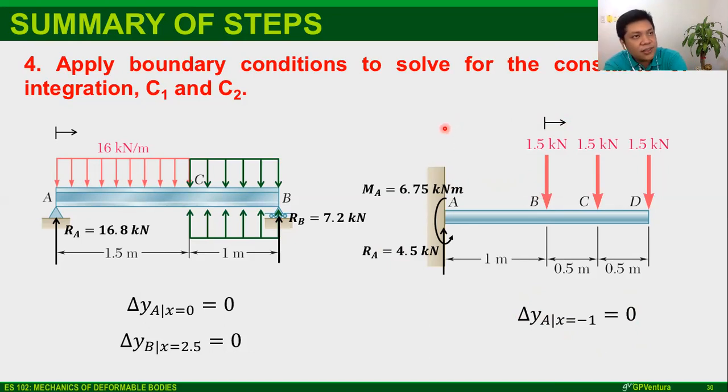And since that's a fixed support, the slope theta, only for fixed supports, at point A, where x is equal to -1, is also equal to 0. So I impose these boundary conditions to solve for the constants of integration C1 and C2. After that, I should now be able to solve the problem.